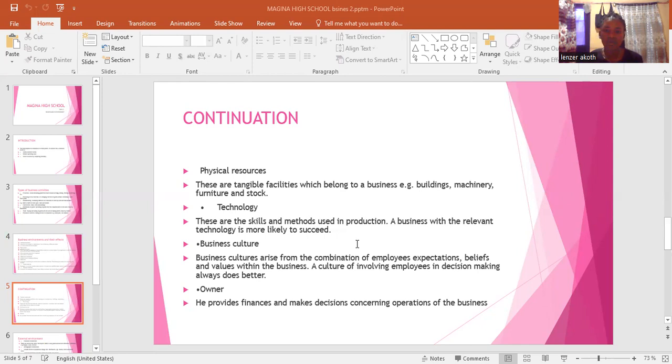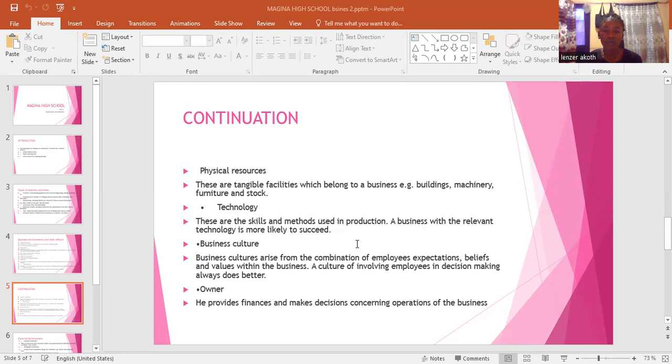Each and every person comes from a different background, and each has different perceptions based on the business that you are undertaking. So when it comes to decision making, each and everyone will be like, my decision should also be upheld, or I should also contribute towards the decision making.